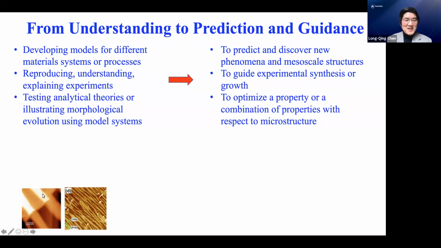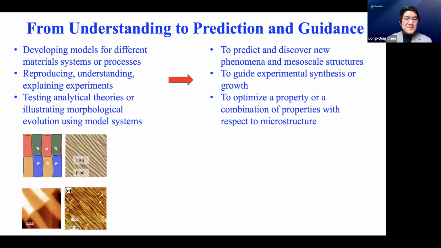Here are a couple of experimental images for bismuth ferrite from thin films, where the different colors represent different domain structures. You see what I show from our phase-field simulations. As you can see, we can reproduce or predict these domain structures very nicely, in excellent agreement with experiment.